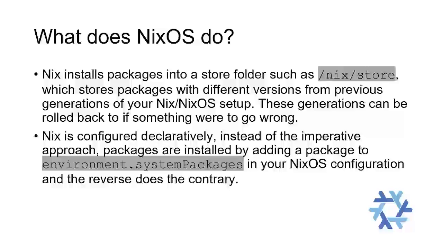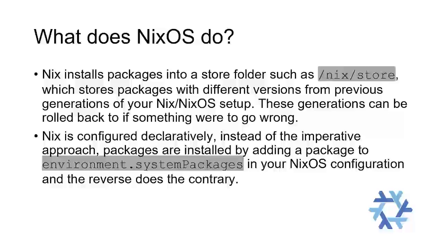NixOS and Nix are configured declaratively instead of the imperative approach, where you use commands to do something, such as making users, and editing text files to change the time zone, etc. You can do all of that within a configuration.nix file, although it could be called anything else, such as default.nix.